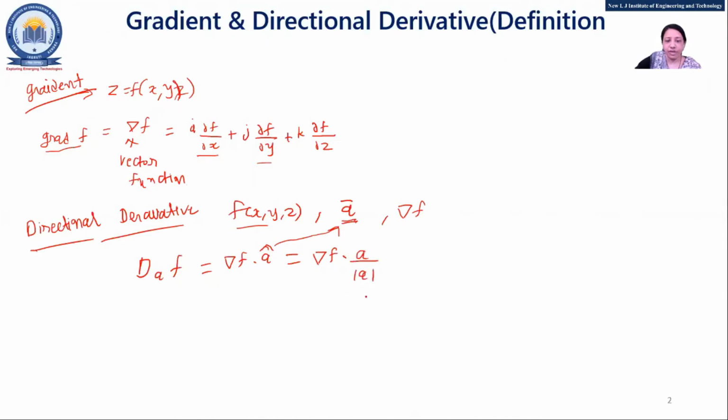This is the equation for directional derivative, and grad f is the gradient: i del f by del x plus j del f by del y plus k del f by del z. These two equations you need to remember to solve the example. Clear? So the first example is what?